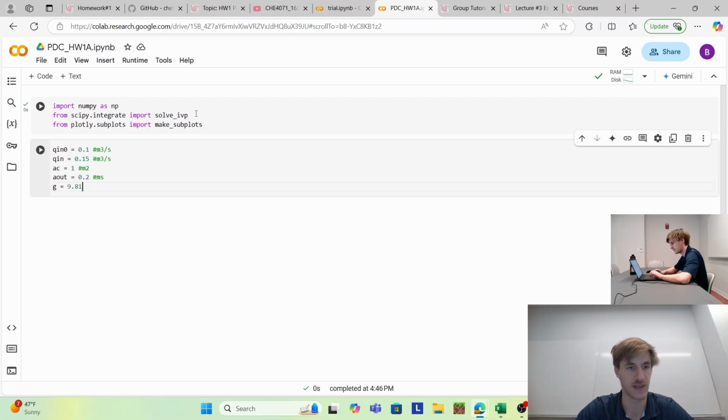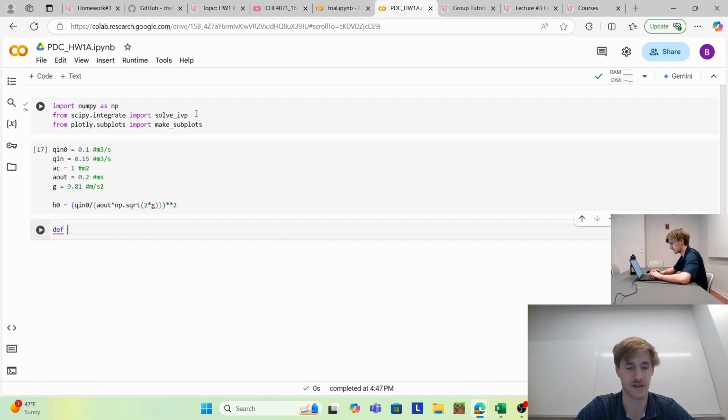Gravity is 9.81 meters per second squared, and now we can set our initial height. These are both using the same equations: flow going in over our cross-sectional area going out times the square root of 2 times g, and all of this is squared.